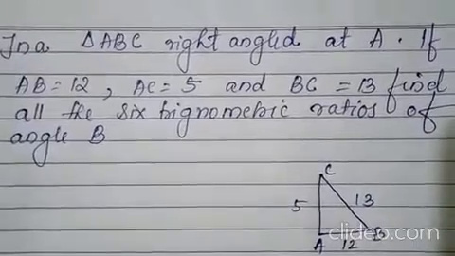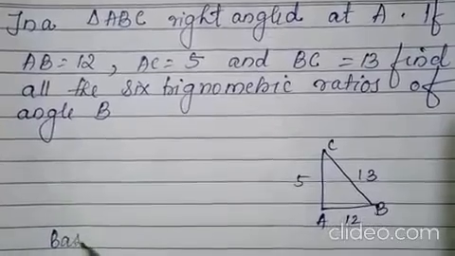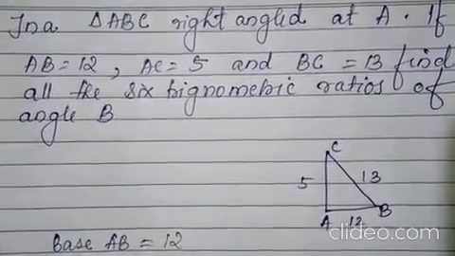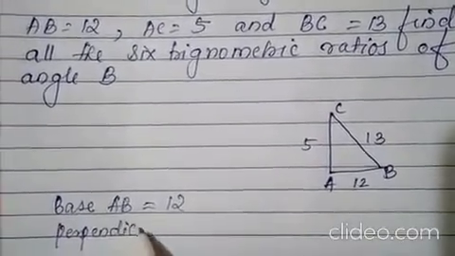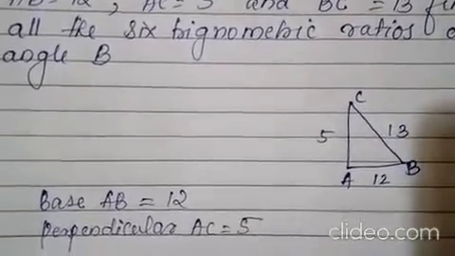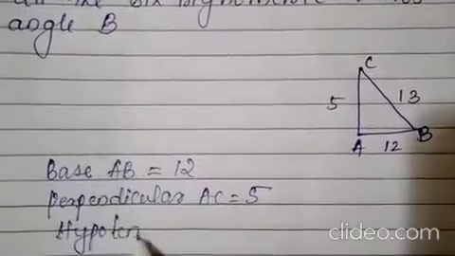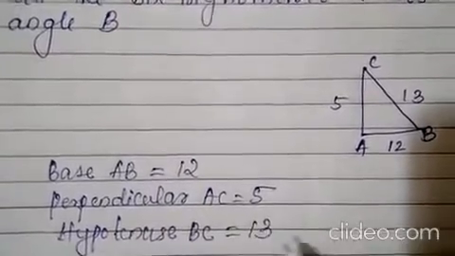I will write for you. AB is the base, AB equals 12. Perpendicular AC equals 5, and the hypotenuse BC equals 13. Understood?